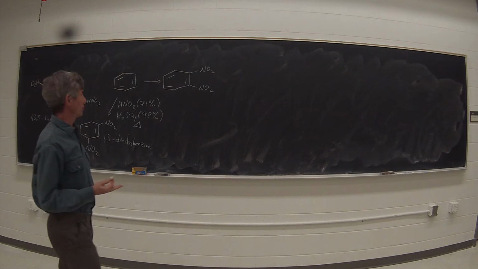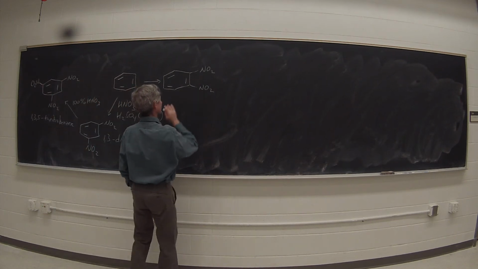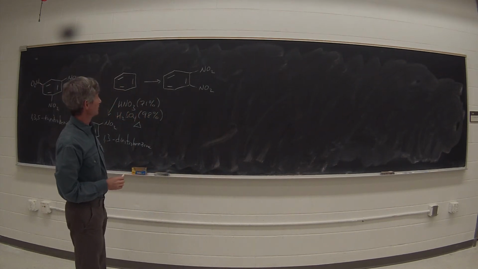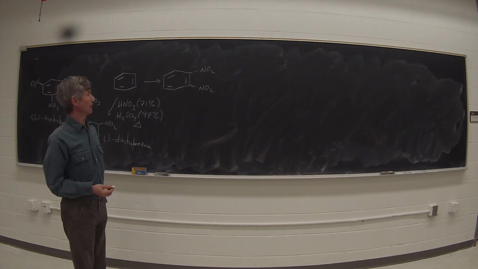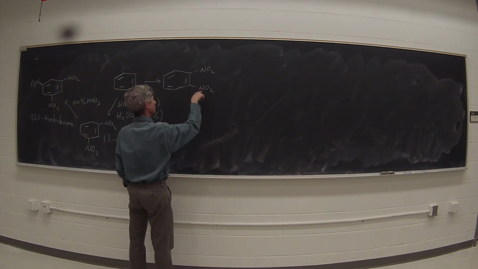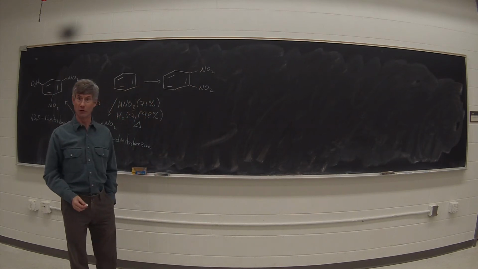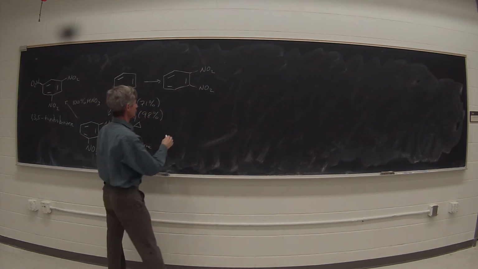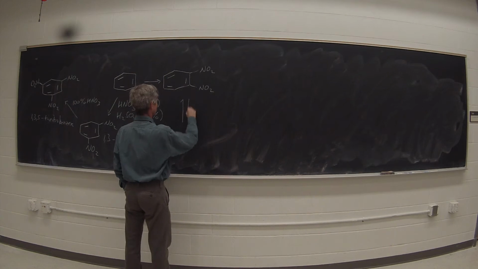So to get 2 groups in the ortho position to each other like that, we're actually going to need an ortho-para director instead of a meta-director. So we're going to use the fact that we can readily convert a nitro group into an amino group and back using fairly straightforward chemistry.